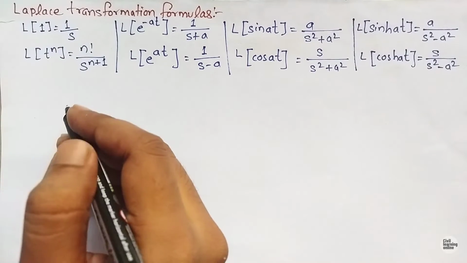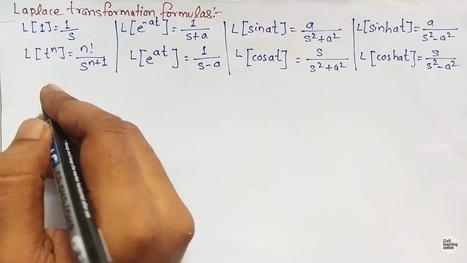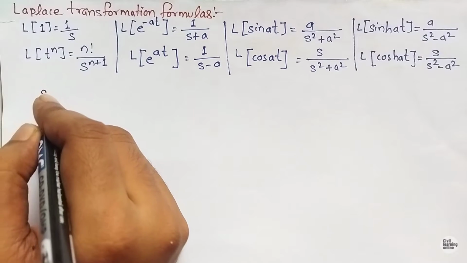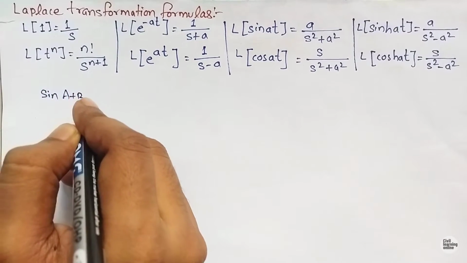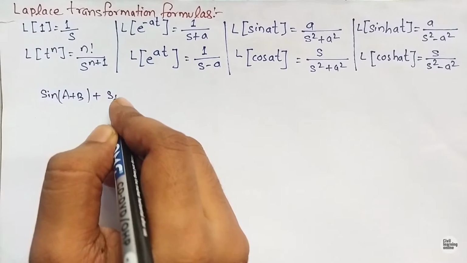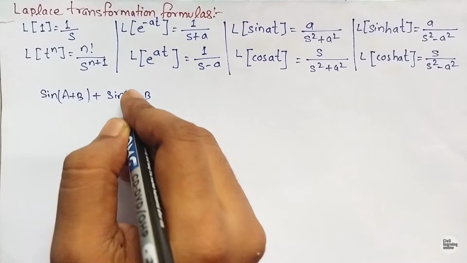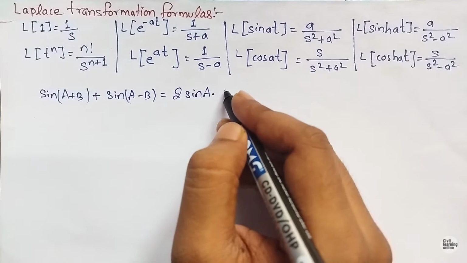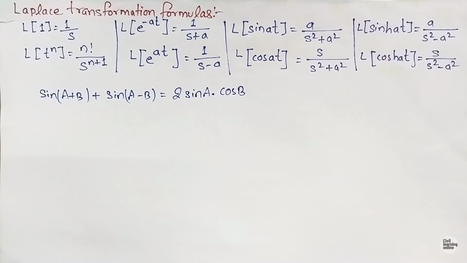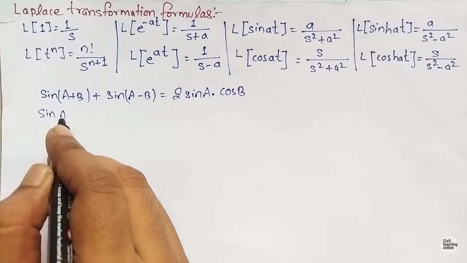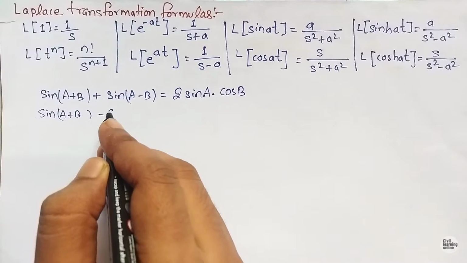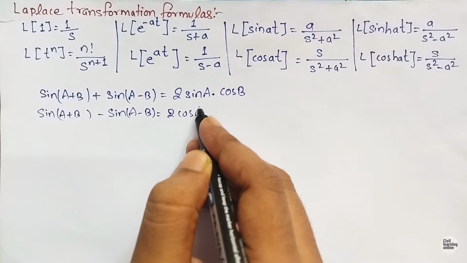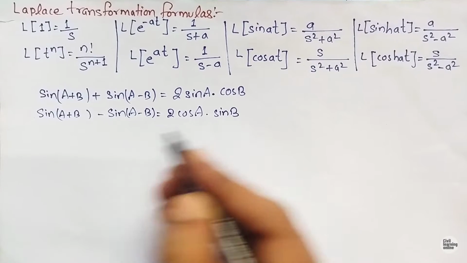While solving Laplace transformation, the problem could come in the following form. The formulas are: sine a plus b plus sine a minus b equals 2 sine a times cos b. Similarly, sine a plus b minus sine a minus b equals 2 cos a times sine b.